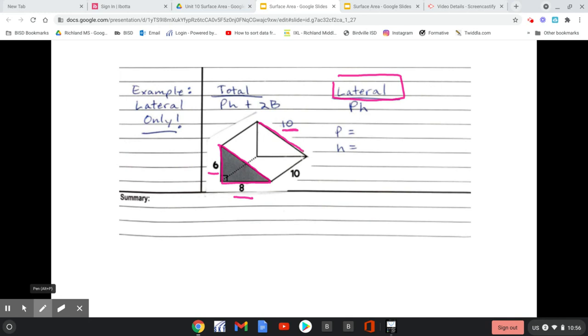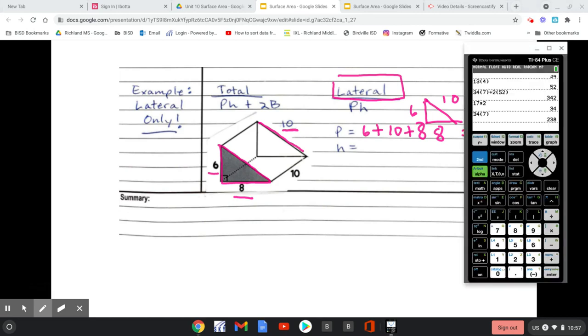So step 1, draw your base. So we know our base is the triangle, and we know our numbers are 6, 8, and 10. So we can add all those up. 6 plus 10 plus 8 is 24.